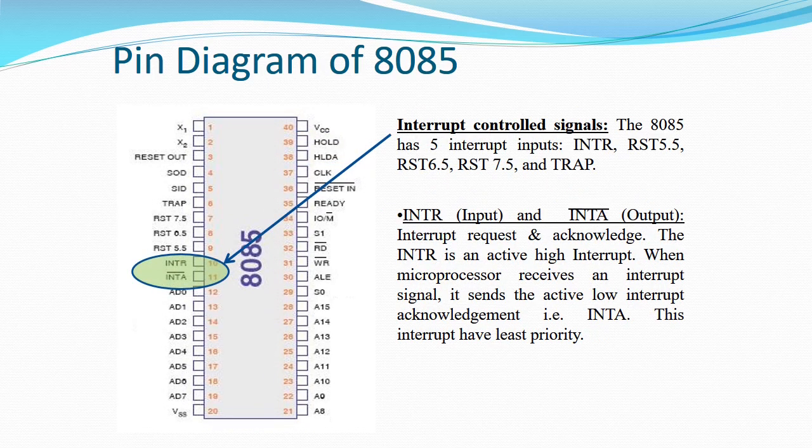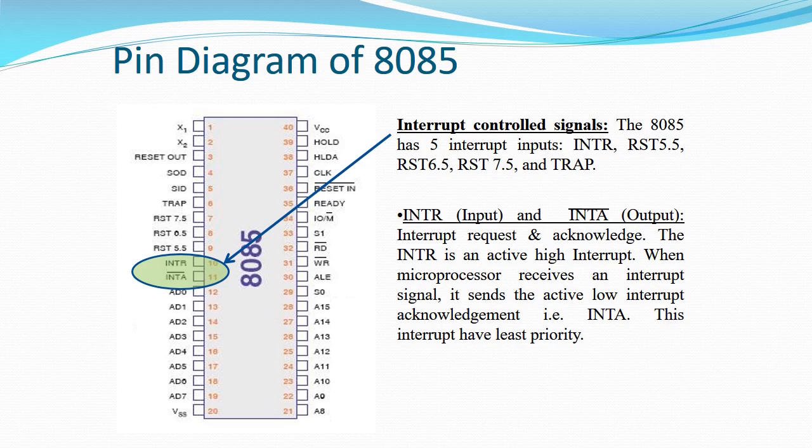Whenever a supporting device requires a service from the microprocessor, it generates one signal and that signal is called an interrupt. So interrupts are the signals which are generated by an external device. These pins are externally available as INTR, RST 5.5, RST 6.5, RST 7.5 and TRAP, which are highlighted in the diagram.